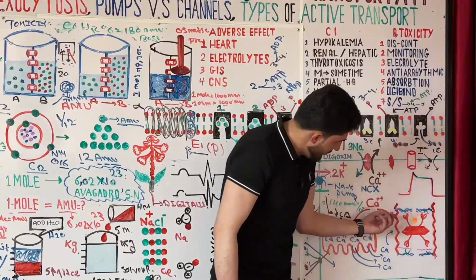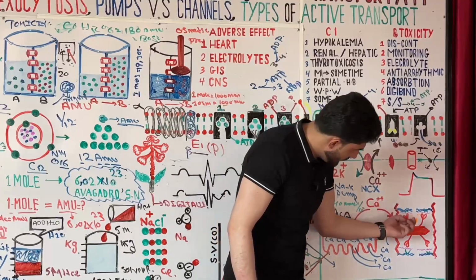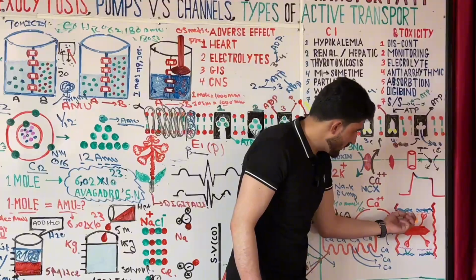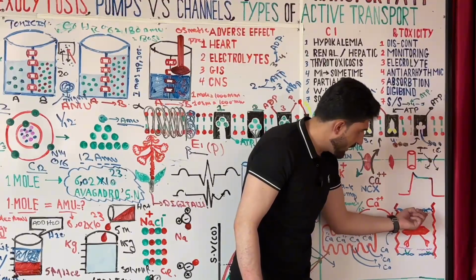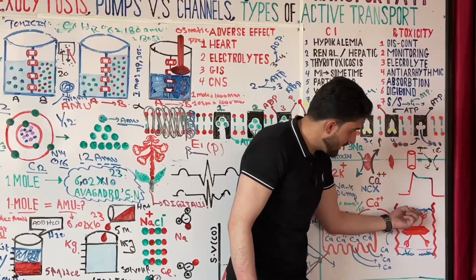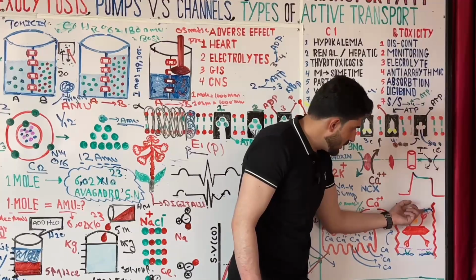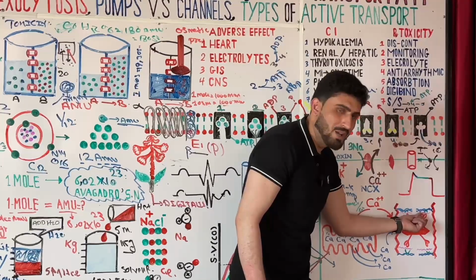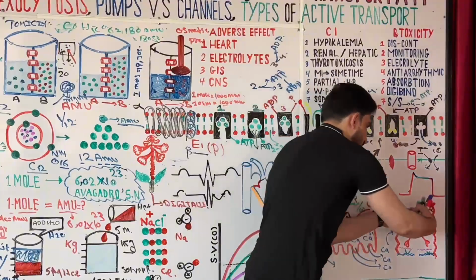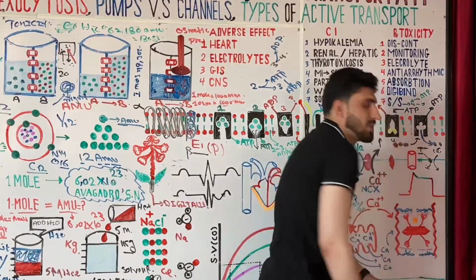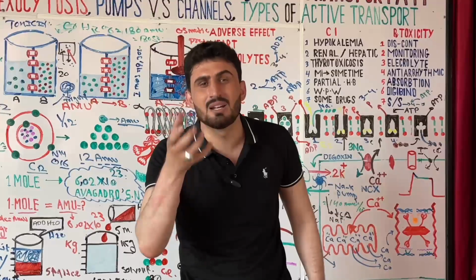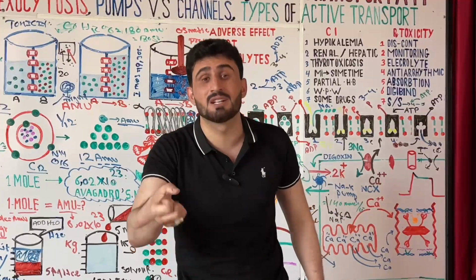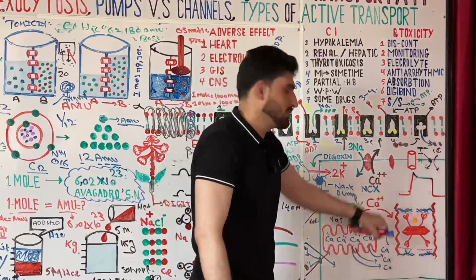Calcium binds to troponin C, and troponin C removes tropomyosin. When tropomyosin is removed, actin binds to myosin, they cross over each other, and this causes muscle contraction. Just keep in mind that calcium is important for the contraction of muscles.